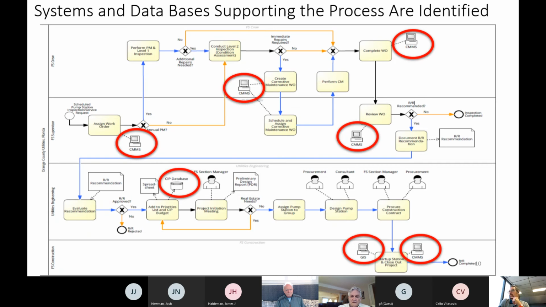But clearly, others can contribute. And so where we have those cases, like you see design pump station, we need procurement and an external consultant to pitch in on that. So we indicate those, and they can also have their own costs associated with them.